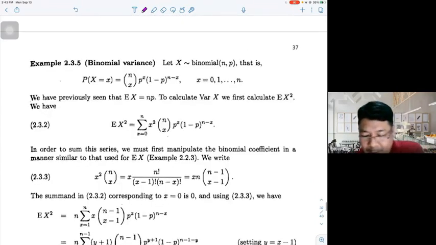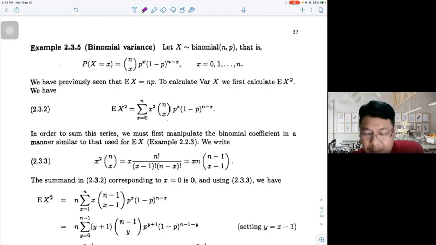Okay, so we have another example here for the binomial variance. Computing for the binomial variance, let x have a binomial distribution with n number of trials and probability of success p, and we have here the point probability at the mass point x.